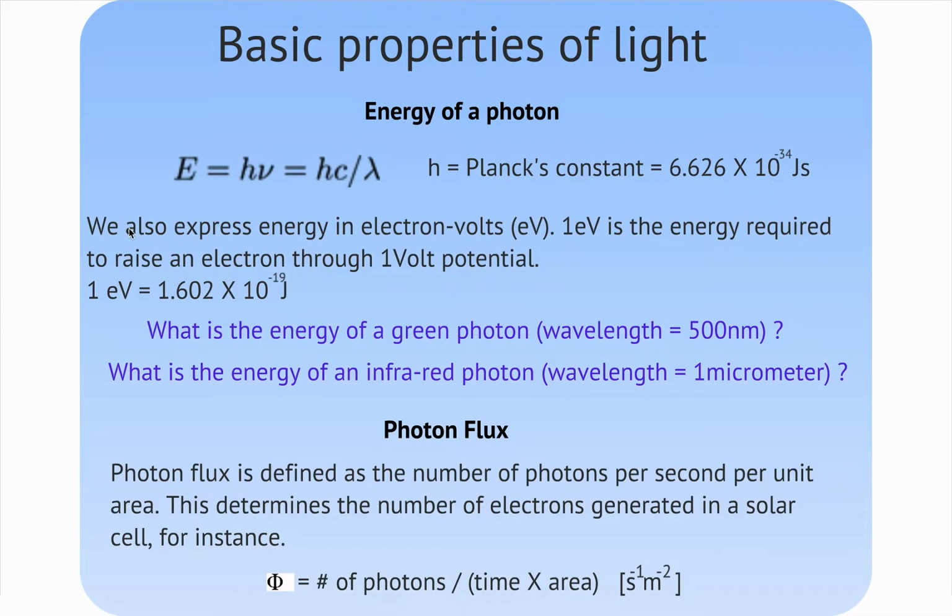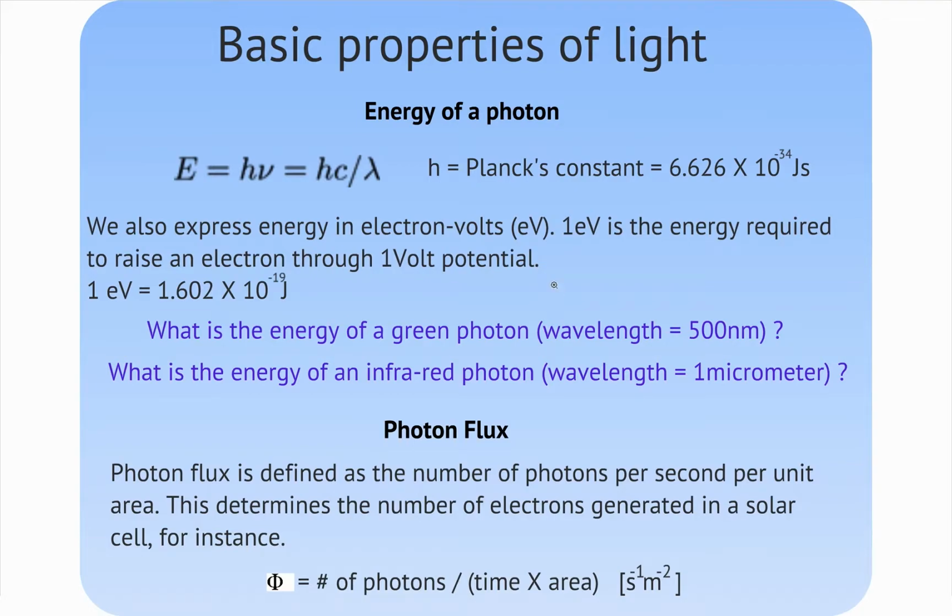Because these numbers are really small, 10 raised to minus 34 joule seconds, we want to come up with some friendlier units, and the friendlier unit we use in semiconductor physics is what's referred to as electron volts. We express energy in electron volts, or eV. 1 electron volt is the energy required to raise 1 electron through 1 volt potential.